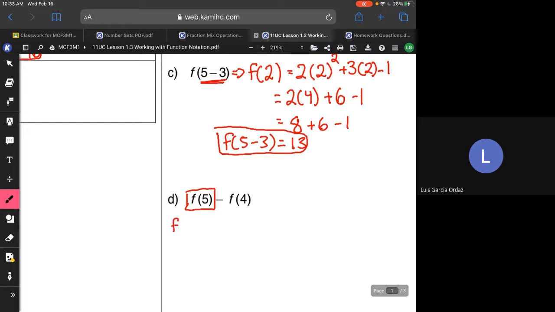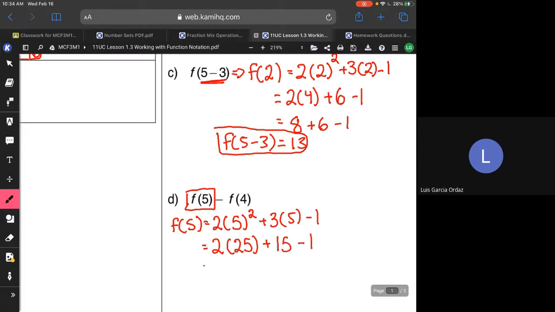So f of 5 is equal to 2 times 5 squared plus 3 times 5 minus 1. So who can do this for me? Emma. It would be f of 5 equals 2 times 25, plus 15, minus 1.